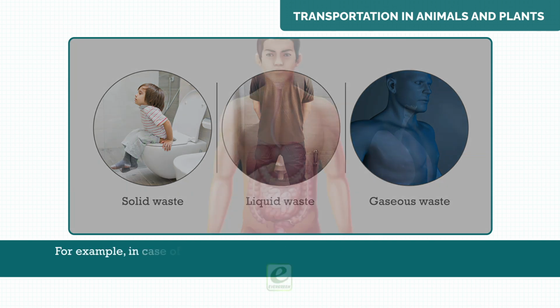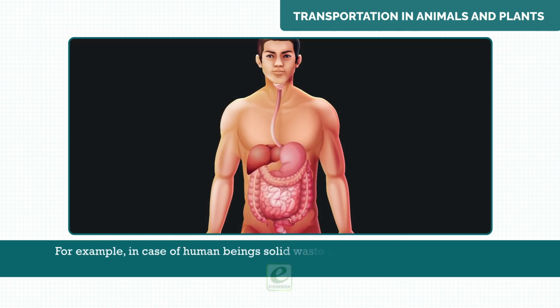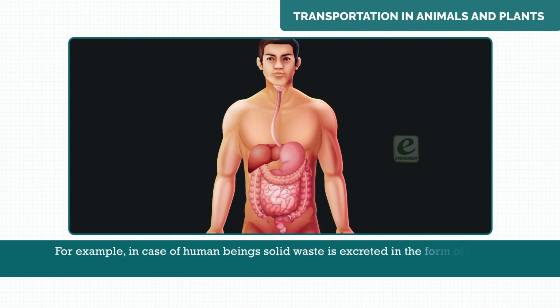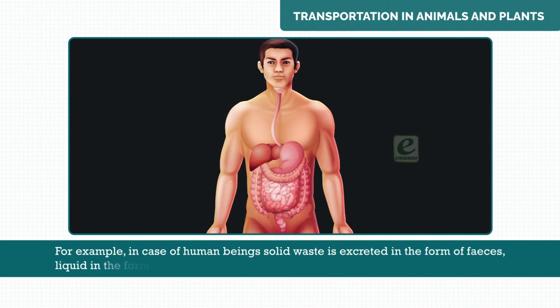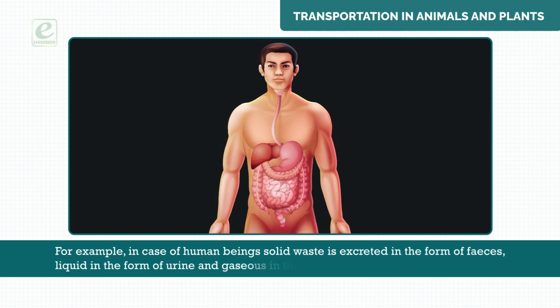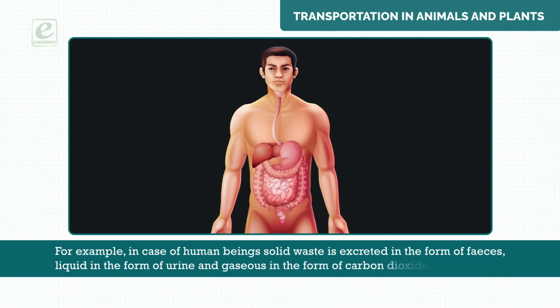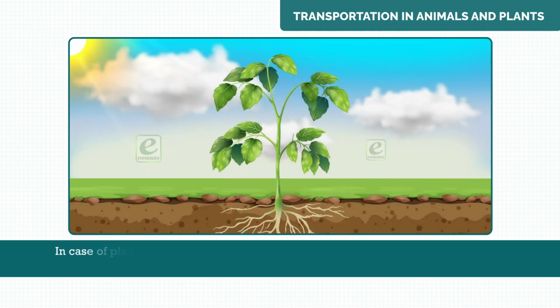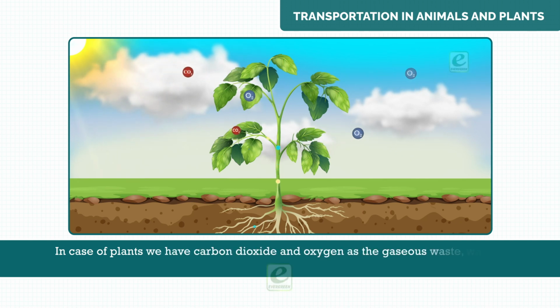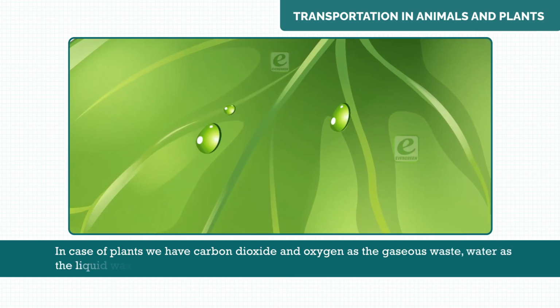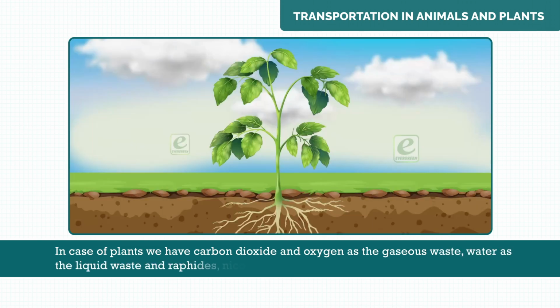For example, in case of human beings, solid waste is excreted in the form of feces, liquid in the form of urine, and gaseous in the form of carbon dioxide. In case of plants, we have carbon dioxide and oxygen as the gaseous waste, water as the liquid waste, and raphides, nicotine as the solid waste.